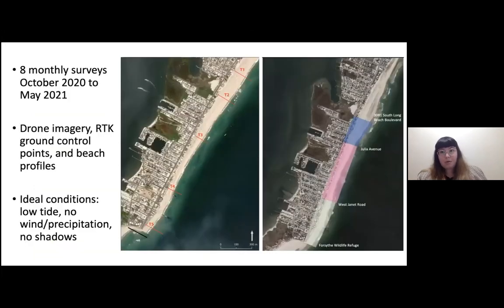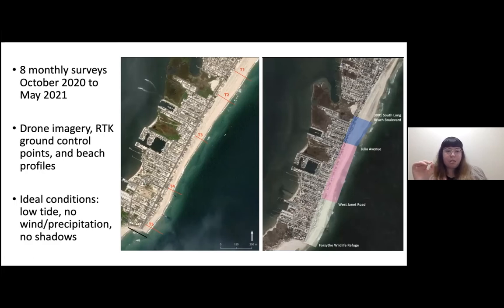And so shifting into methodology, I just want to walk through how much data we collected. We did 8 monthly surveys from October 2020 to May 2021, and we collected drone imagery. This figure on the right is showing the total area, which is 3 of the colored zones, and each of these colored zones just represents a flight path, since our batteries only had about 25 minutes of flight time.